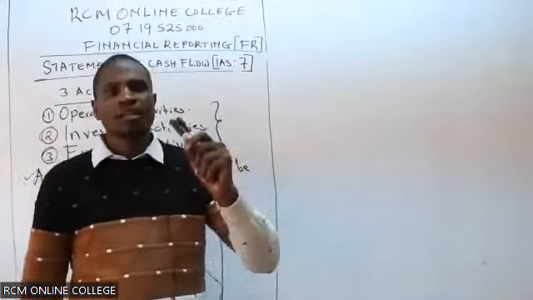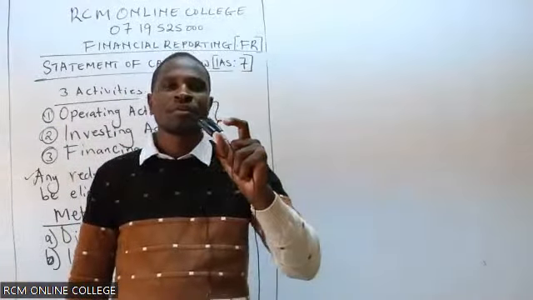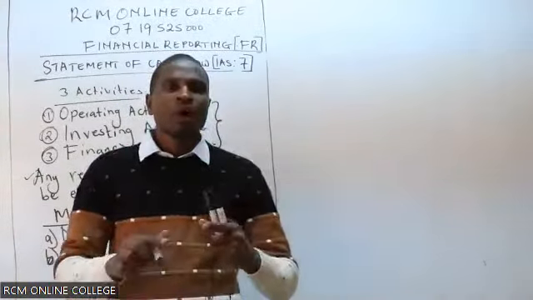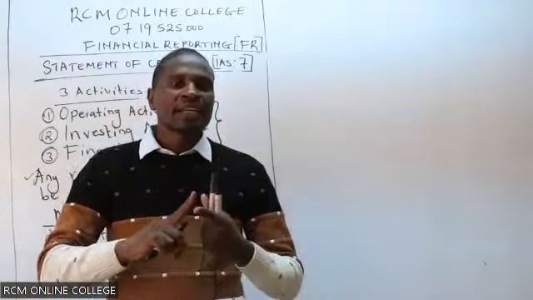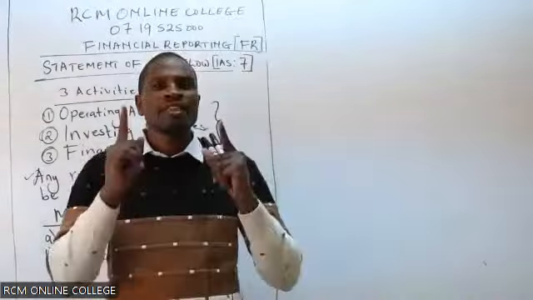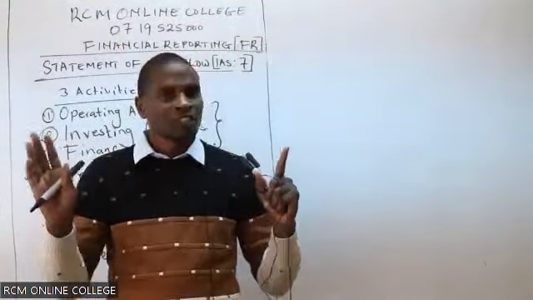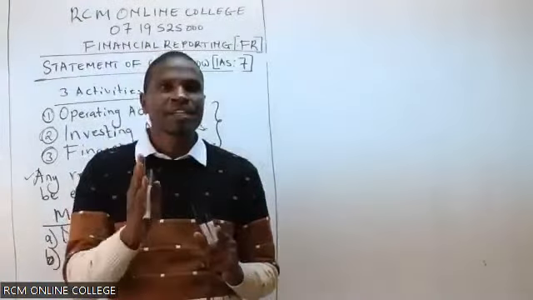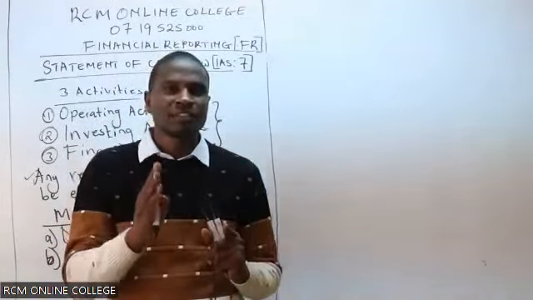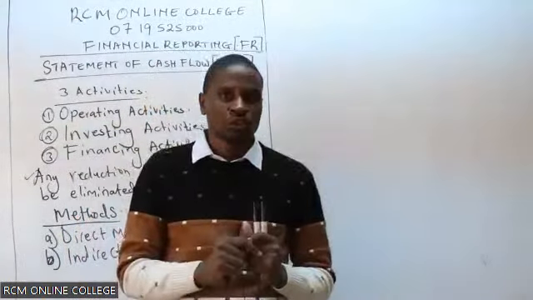Class, the direct method is whereby we need to know the exact cash received from our debtors and the exact cash paid. Once you consider that under operating activity, you will be at a good position to perform in this question.